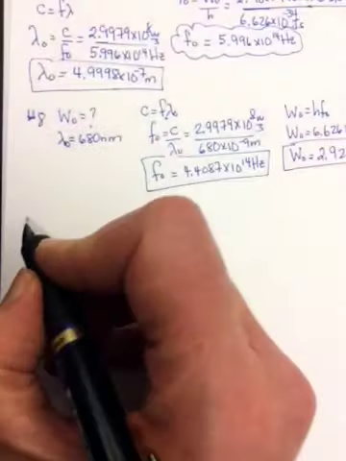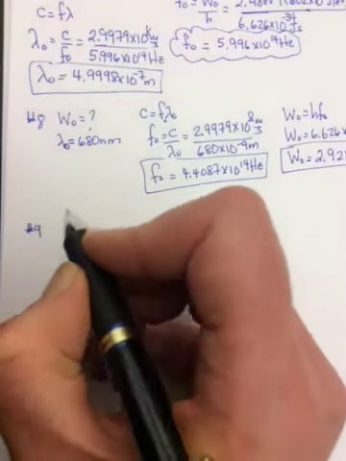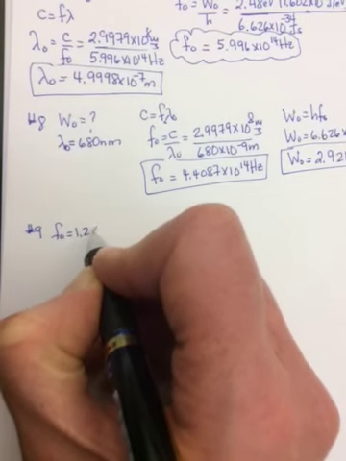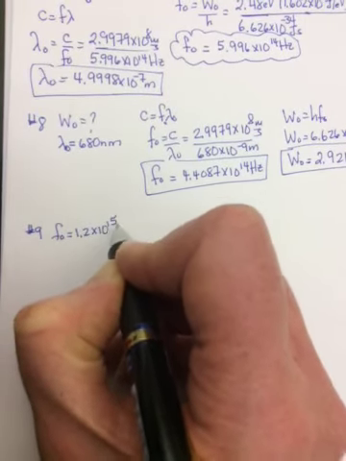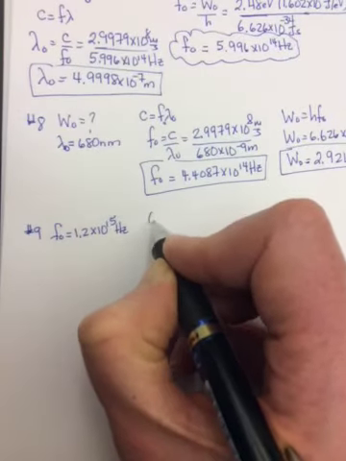Okay, that's number 8. Number 9 says the threshold frequency, FO, of a metal is 1.2 times 10 to the 15th hertz. What is the threshold wavelength?